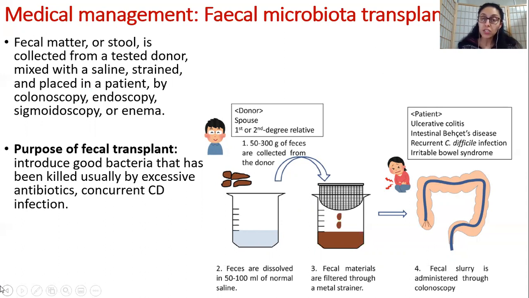Then what happens is, through something like endoscopy, a pipe is inserted in the colon of the individual who's suffering from ulcerative colitis. This is generally done for C. difficile infections, so ulcerative colitis may be caused by this particular type of bacteria. This may also work if you have C. difficile infections with inflammatory bowel diseases, not just ulcerative colitis.